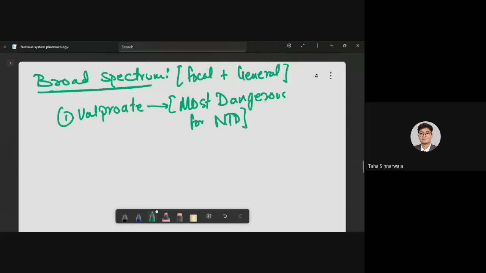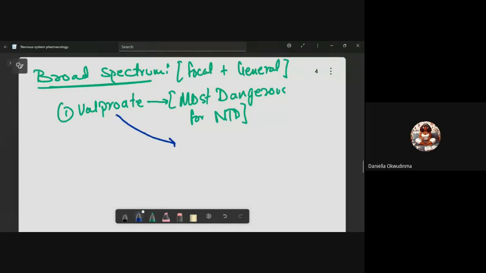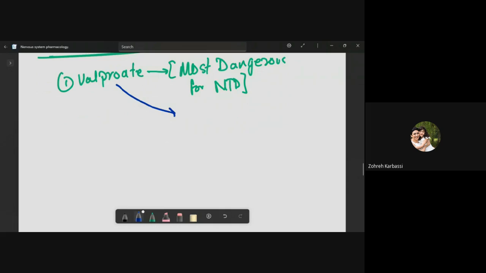Also, we say that valproate can be used for treatment of seizures, both focal and general. So can you tell me another condition that valproate can be used for? Bipolar disorder. So bipolar disorder is also important for valproate.